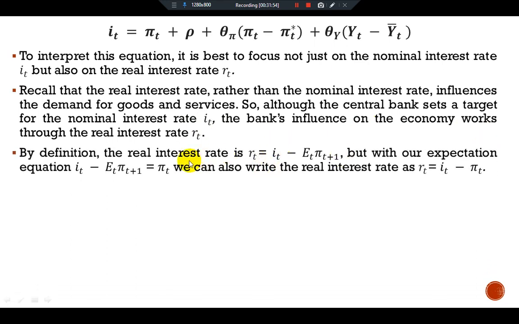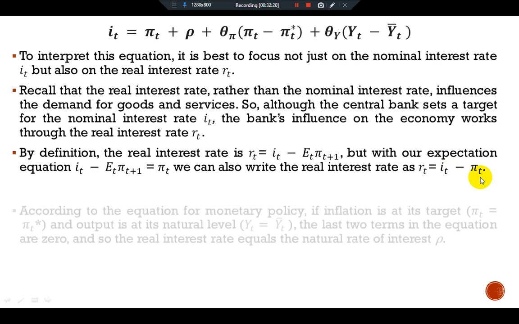By definition, the real interest rate r_t is equal to i_t minus E_t pi_t+1. But with our expectation equation, E_t pi_t+1 is equal to pi_t. So we can also write the real interest rate r_t equal to i_t minus pi_t.